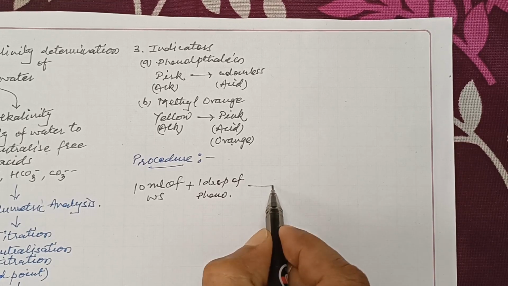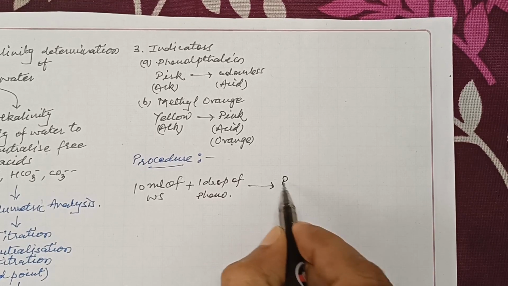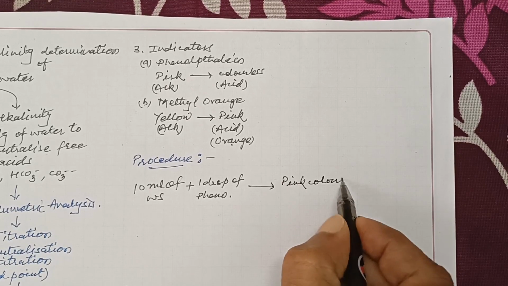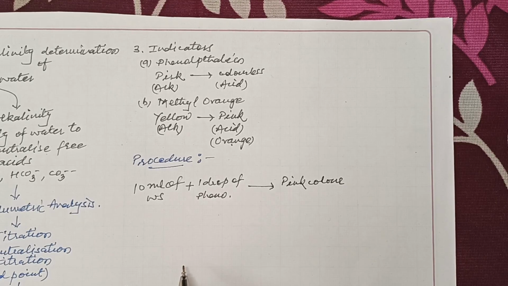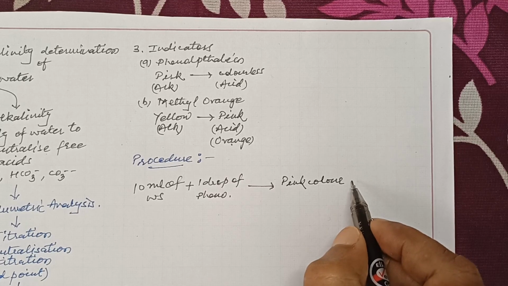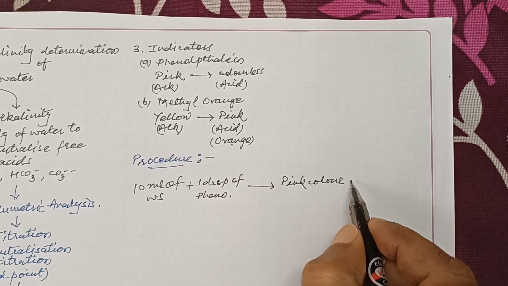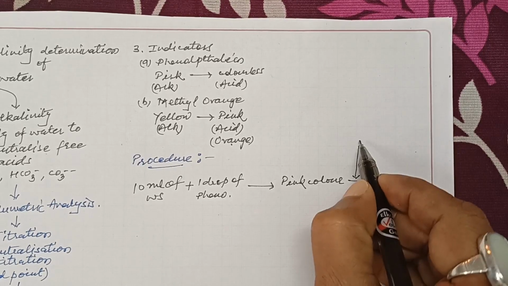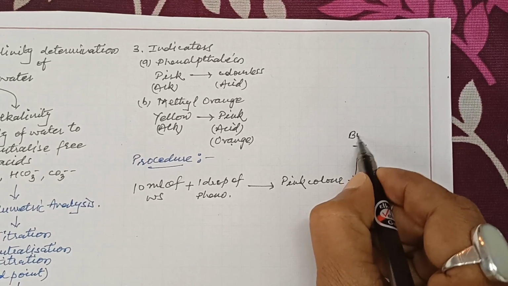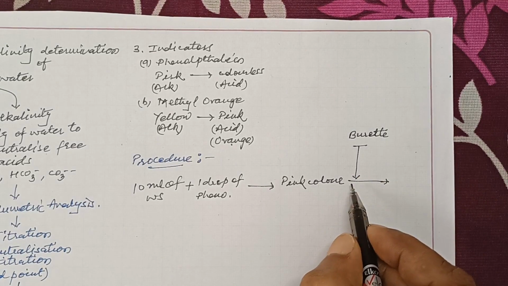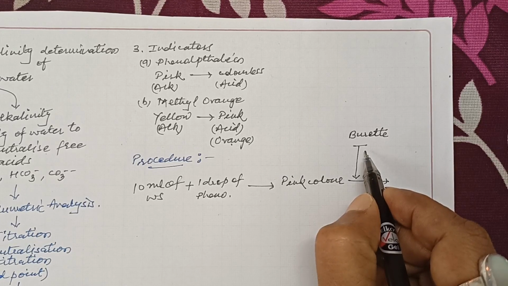So we get a pink color. When the pink color appears in the conical flask, put this conical flask under the nozzle of the burette in which a certain acid solution is filled.